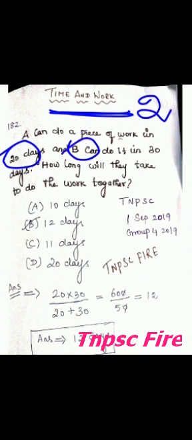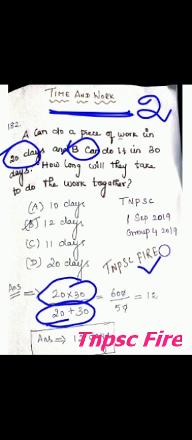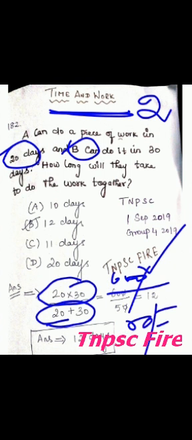As I told you, multiply the two values in the numerator and add them in the denominator. This trick is used for all time and work problems. Multiply: 20 times 30 is 600. Add: 20 plus 30 is 50. Divide 600 by 50 and you get 12.